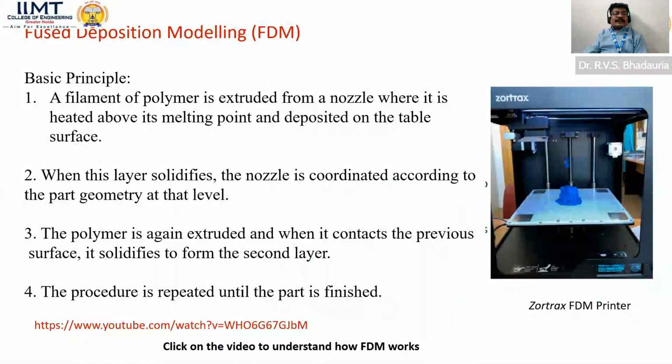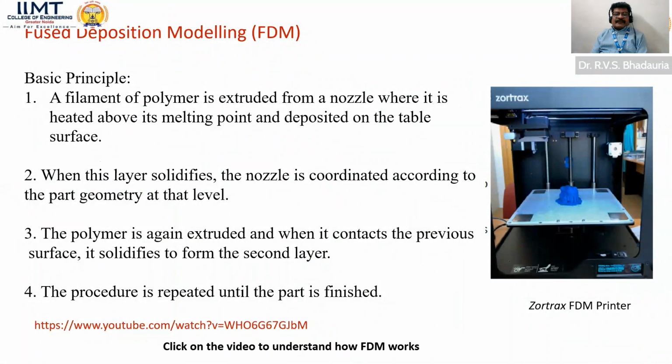The first one was FDM. First you can see this slide, a photo of a 3D printer which uses the FDM technology, fused deposition modeling. The basic principle is this: a filament of polymer is extruded from a nozzle where it is heated above its melting point and deposited on the table surface.